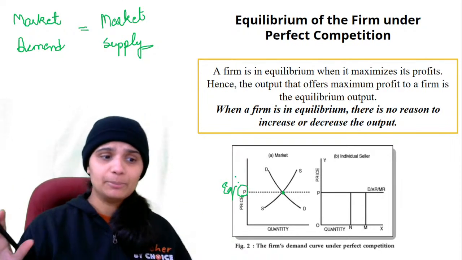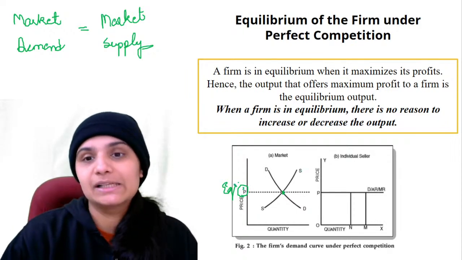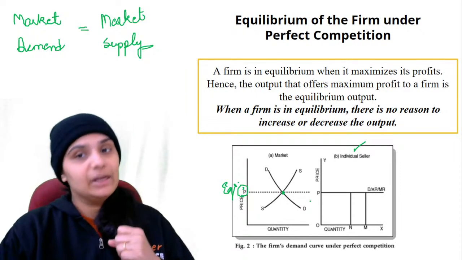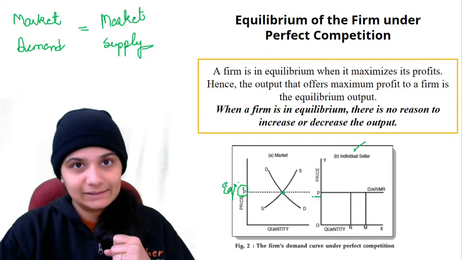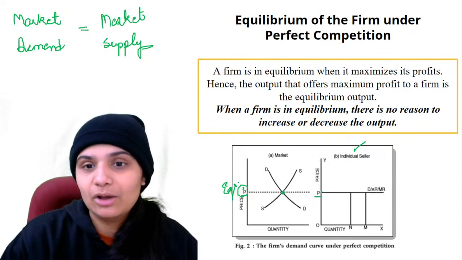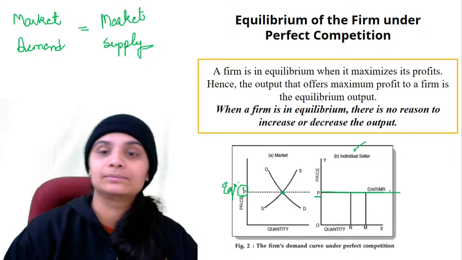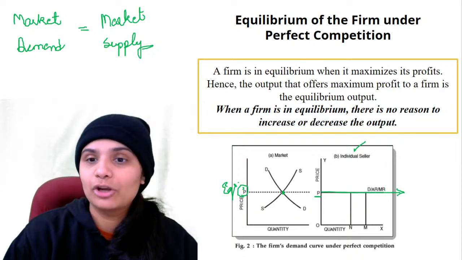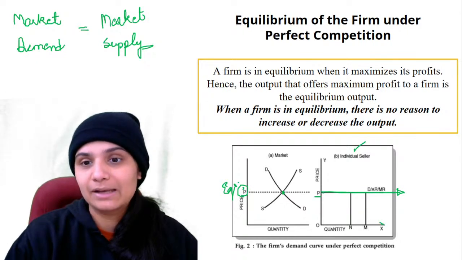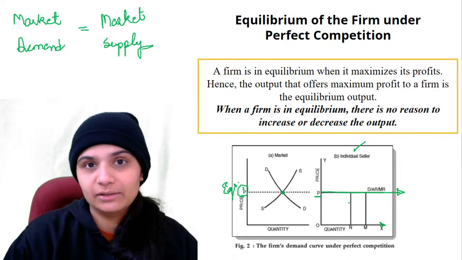Now what does the equilibrium price become? Equilibrium price is a price which the individual seller is going to take. The individual seller will take that price and the demand curve will be like this. The demand curve of your individual seller under perfect competition is a line parallel to your x-axis. Got it?